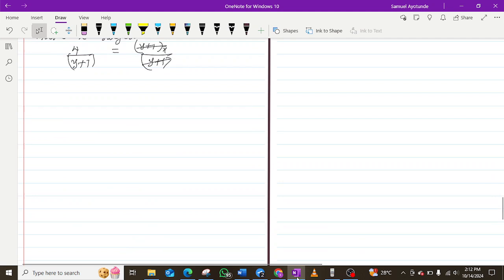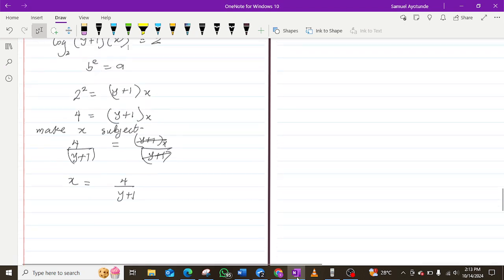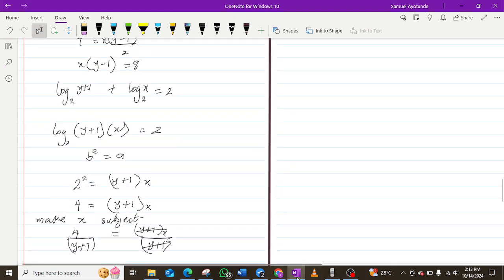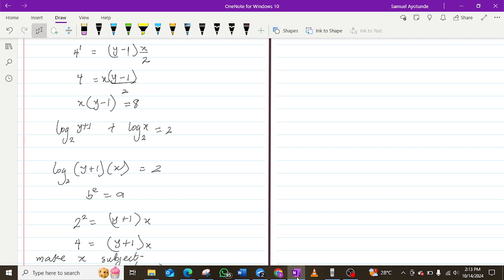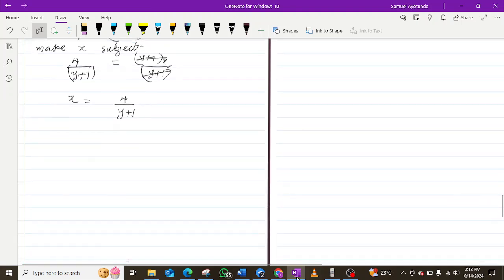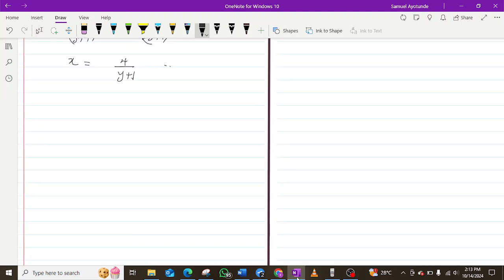So I then have x is equal to 4 over y plus 1. Now if I combine it with the previous equation we have, this equation here, where we have x in brackets (y minus 1) equals 8. So this is from equation 2.